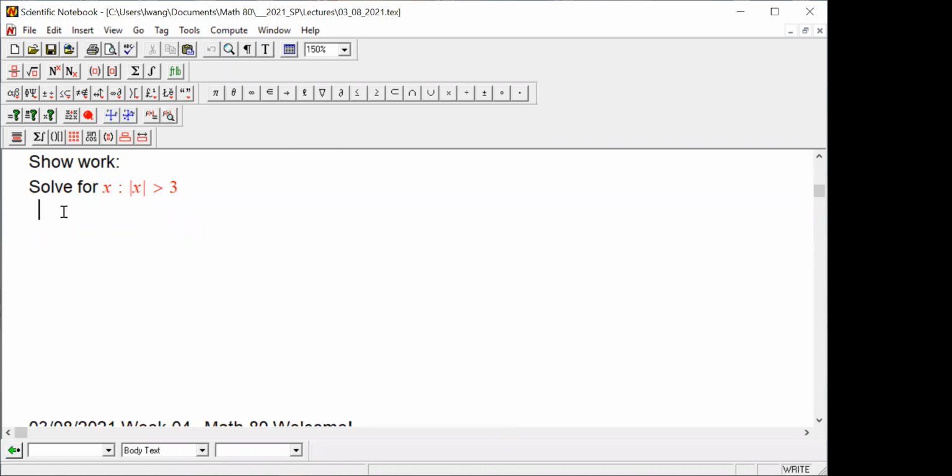The work you need to show to solve this one is just x is less than -3 or x is larger than 3. How many points are you going to get? 1 point, another 1 point, another 1 point, 3 points.